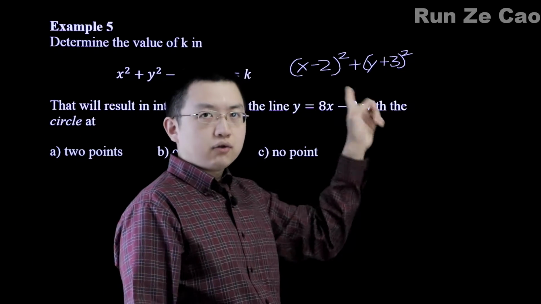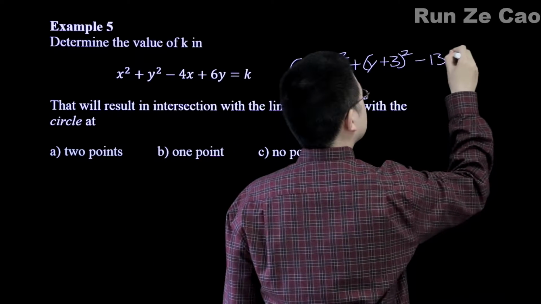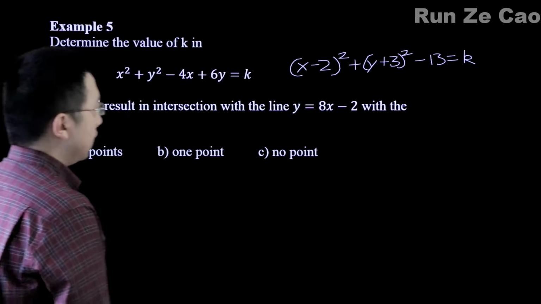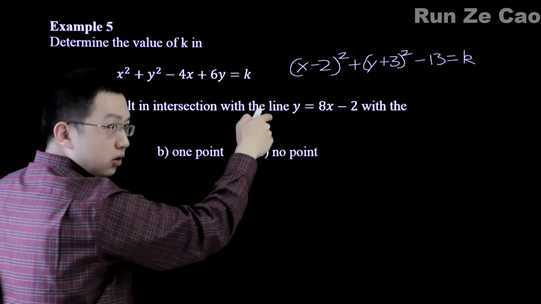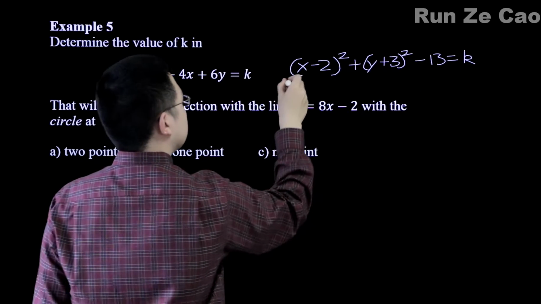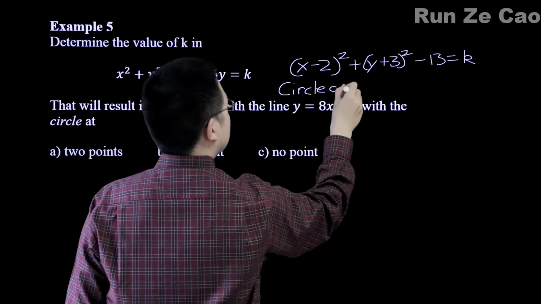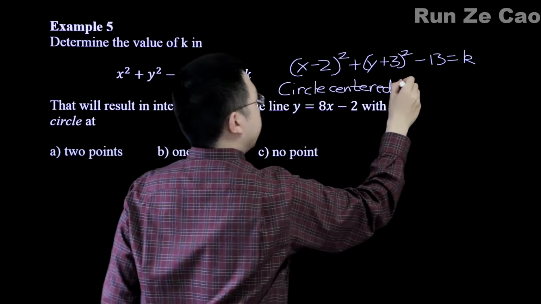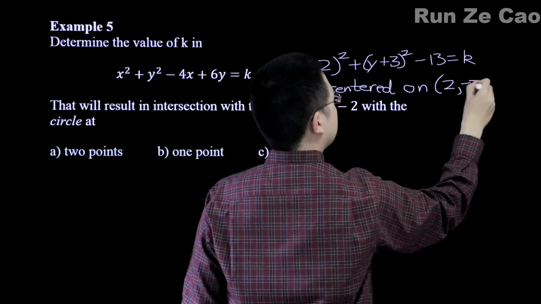How do we get rid of the plus 4 and plus 9? Minus 13 equals k. So this is what we're actually dealing with. We're dealing with a circle that is centered on 2, -3.